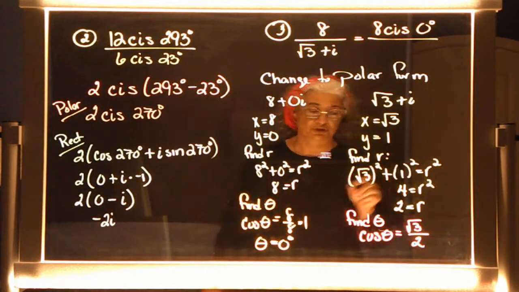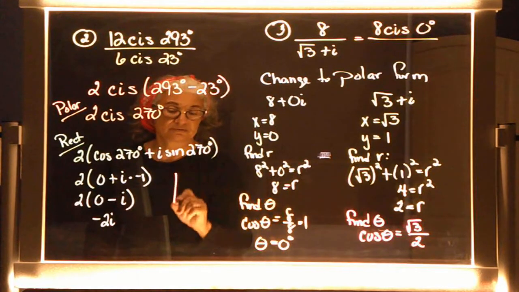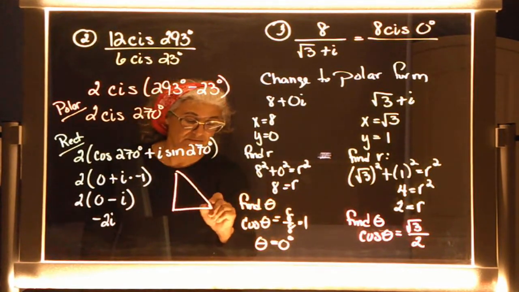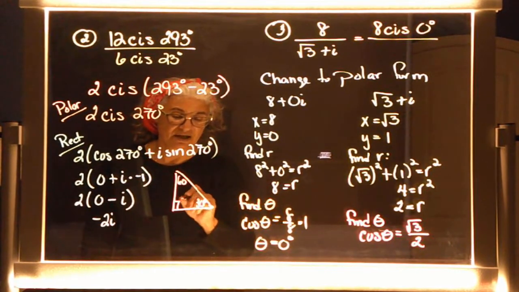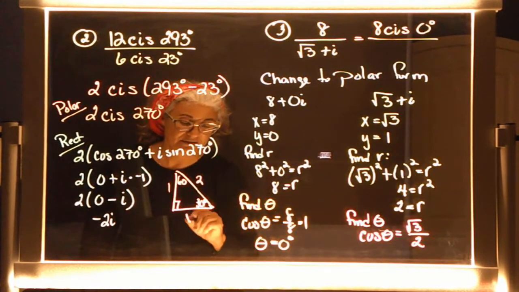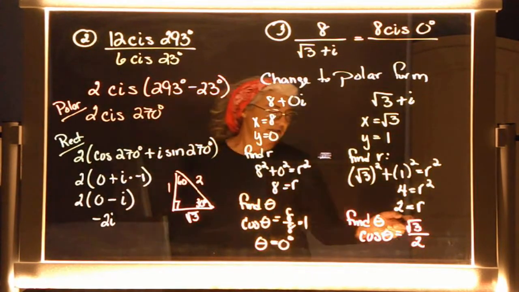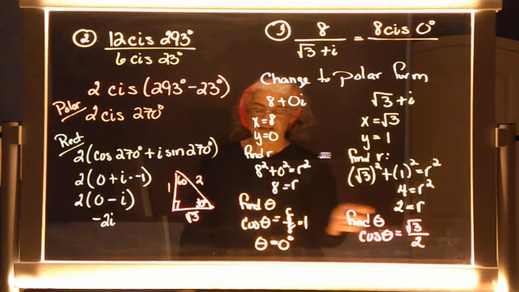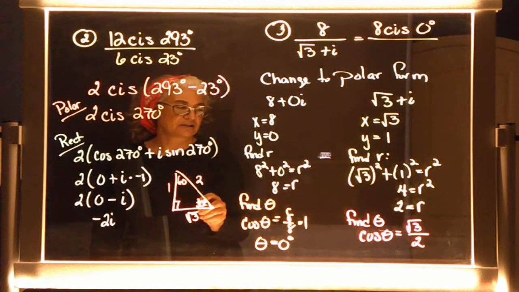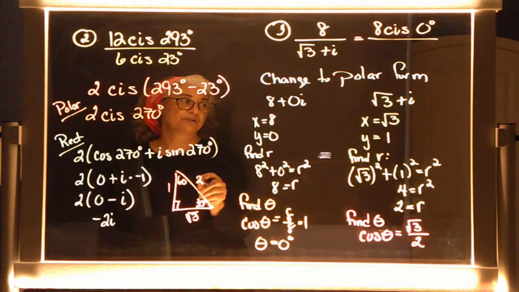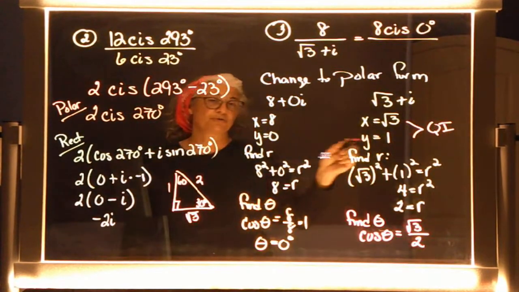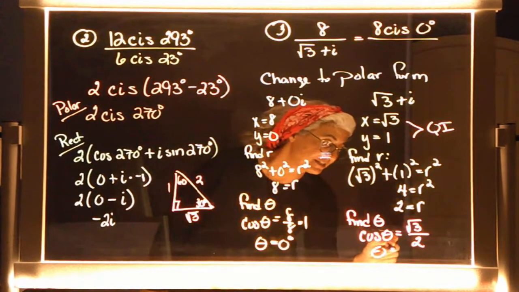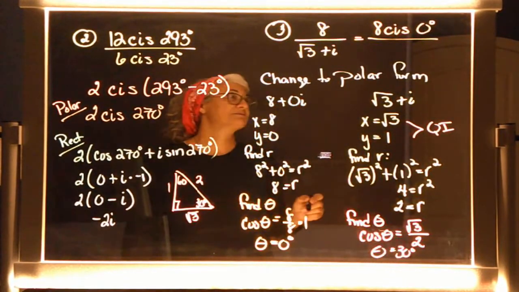You're like, I don't know. Draw your triangle. 30 degrees, 60 degrees. I'm going to label everything accordingly. Which one? Looks like it's a 30-degree angle, right? Because if I take the cosine of 30 degrees, I get square root of 3 over 2. And this is quadrant 1 because x and y are both positive. So theta is actually 30 degrees.